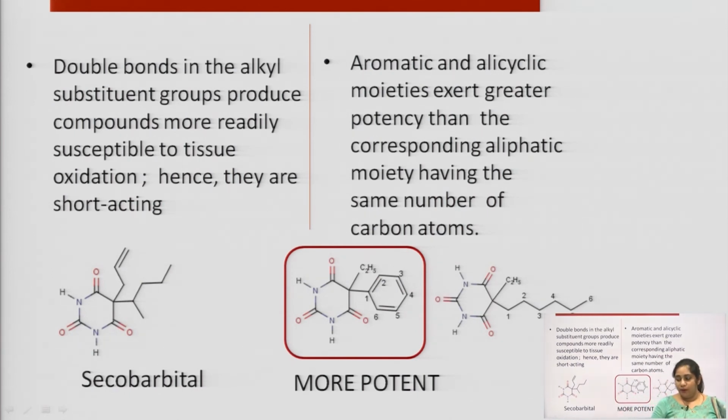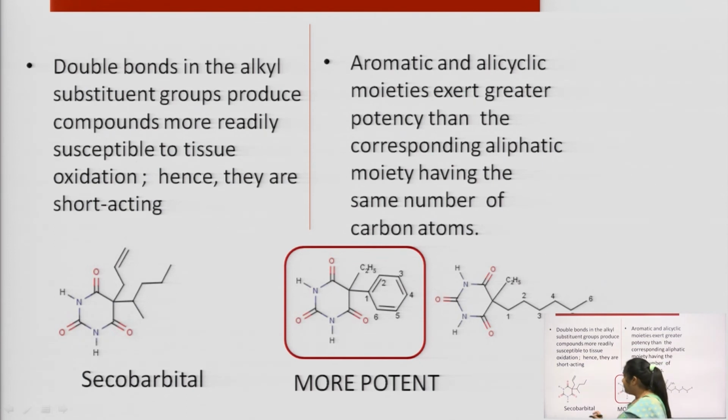Next, when we talk about the double bond, how does the double bond affect the activity? A double bond in the alkyl substituent will produce compounds that are susceptible to tissue oxidation. If they get oxidized readily, they are short acting.